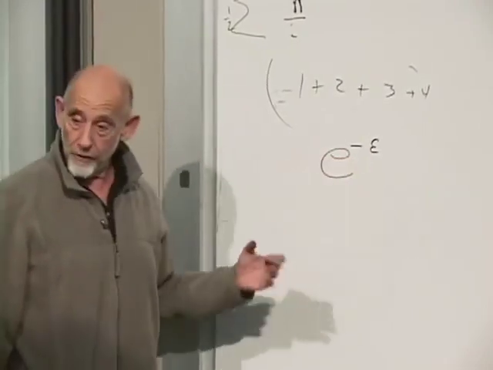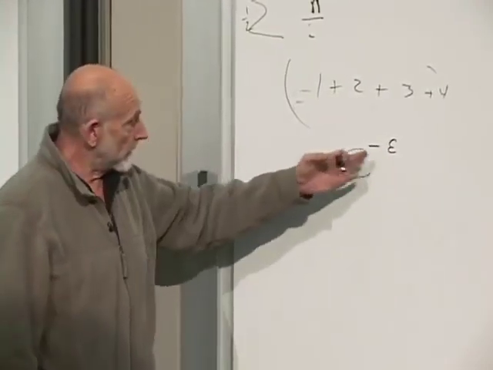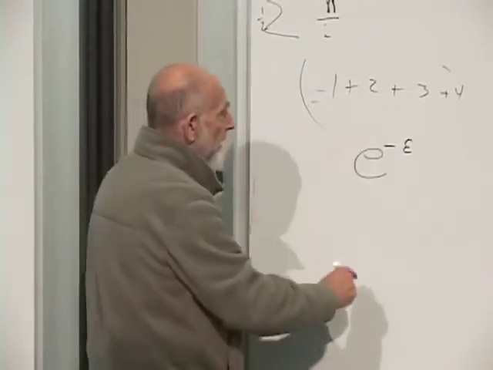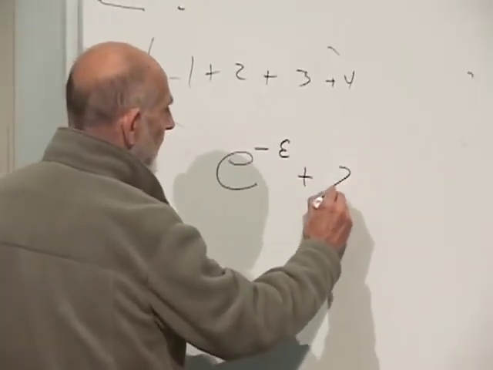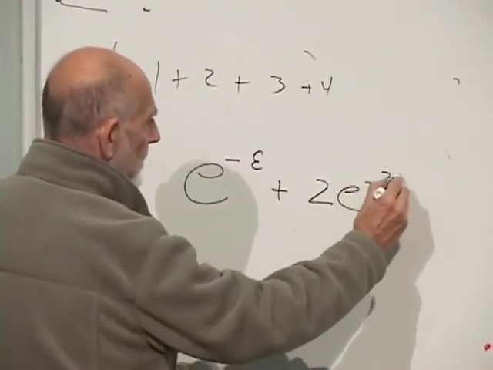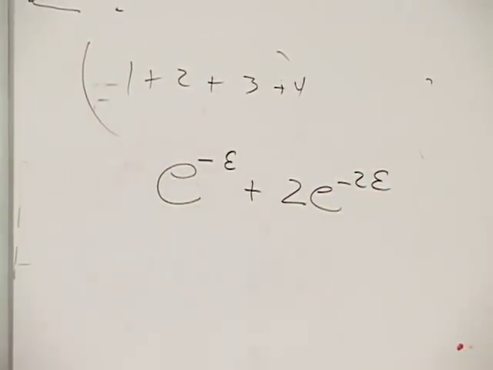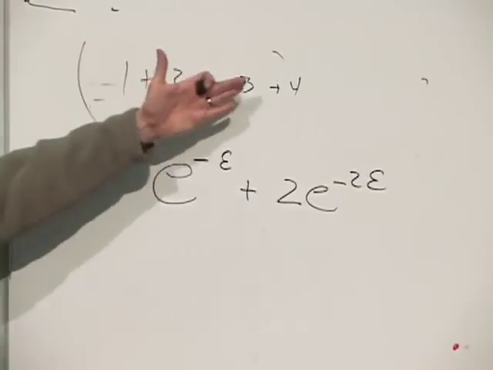But when epsilon is very, very small, this number is close to 1, right? Okay. Let's add to it plus 2 e to the minus 2 epsilon. This is just a trick for making the sum converge.